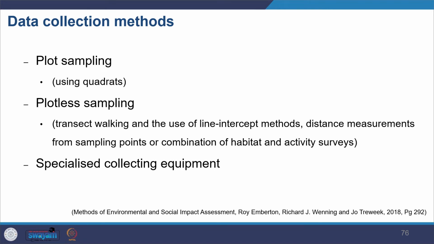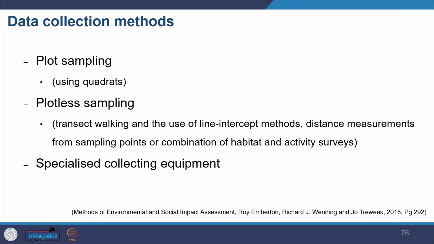It's a method in which sampling is not conducted within a defined area. So you don't have a defined area, but you can pick samples from any area. A simple method includes transect walking. You would just walk along, and you'll use a line intercept method to record all the plant species and the abundance along the transect line.